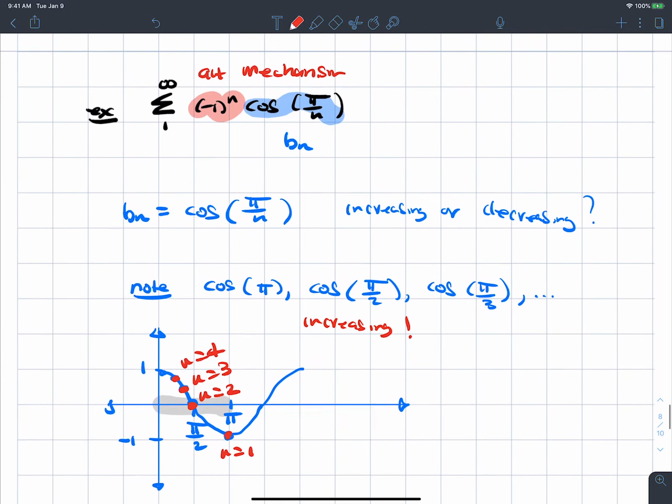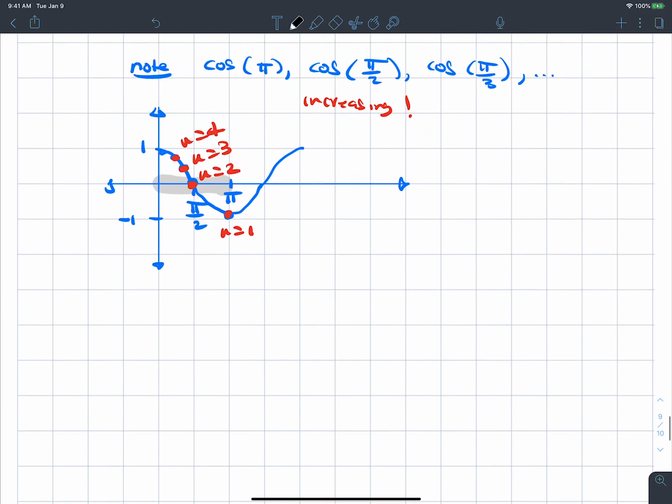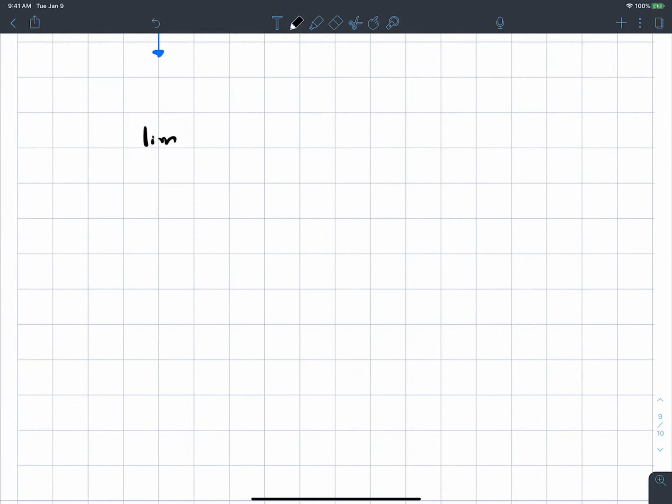But then you might say, well, why are they giving it to us in this section? Because this section is also about the divergence test. So I'm going to say, consider the whole thing. This whole thing is a_n. Because we know that we can't use the alternating series test, we're going to take the limit now of a_n, which is the limit of the original question, (-1)^n cosine(pi over n).